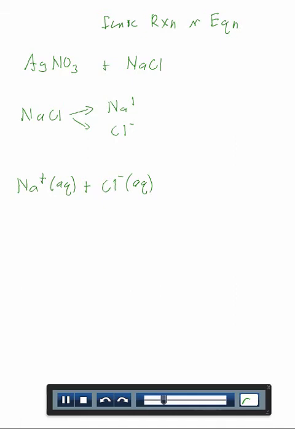And we also have silver nitrate. And we look in the solubility table and see that silver nitrate is also soluble. And so when looking at a compound like this, we try to match the molecular ions.